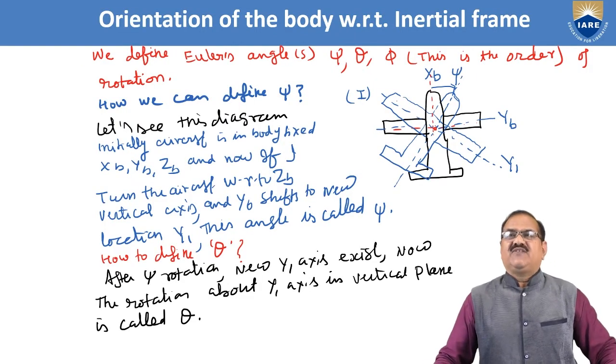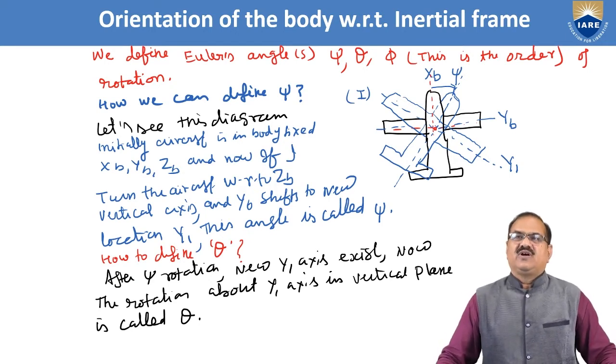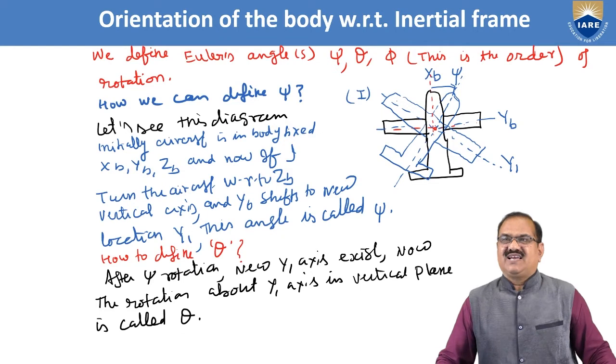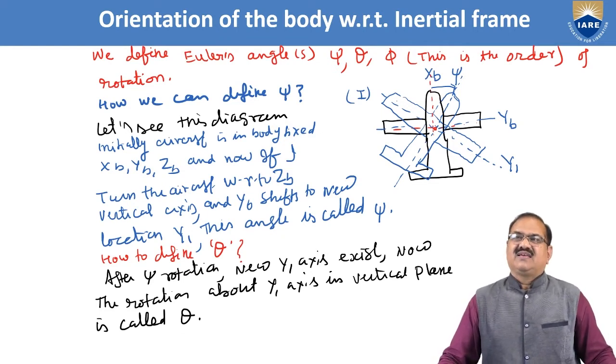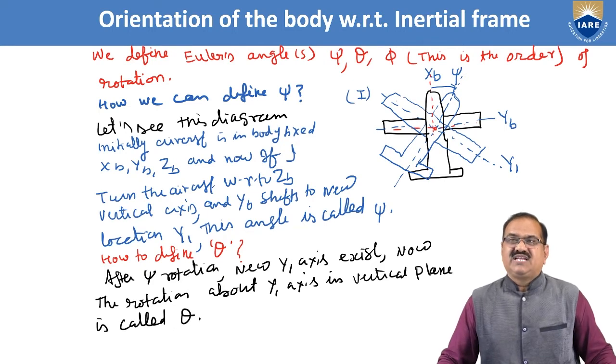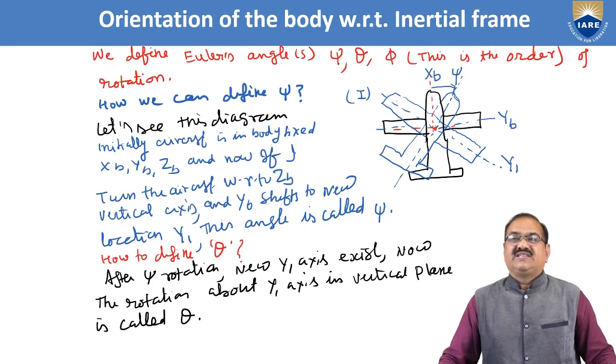Orientation of the body with respect to the inertial frame. Okay, so we define Euler's angles psi, theta and phi. This is the order.